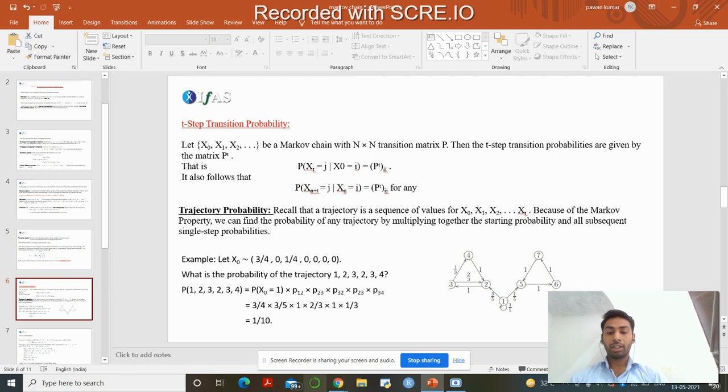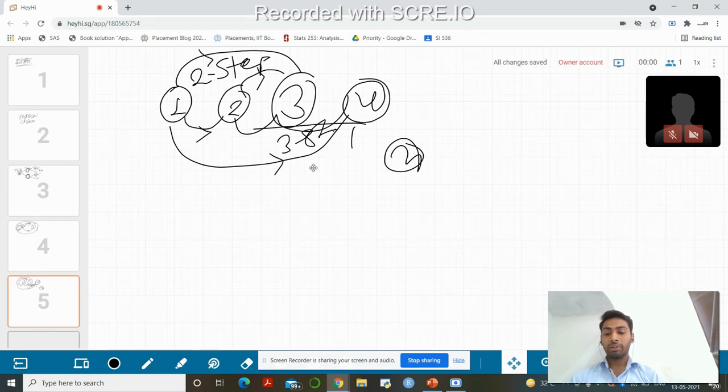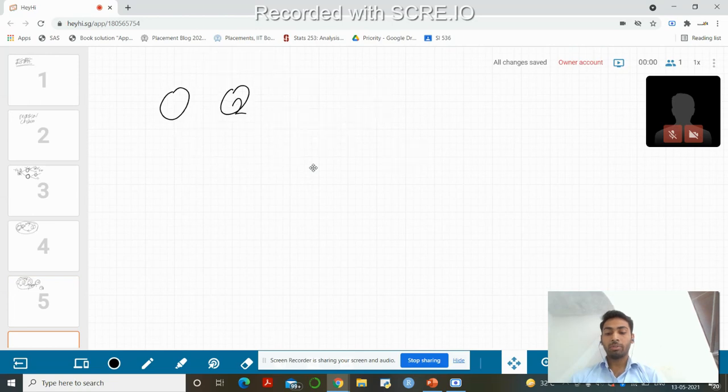I mentioned something wrong in the example, so I would like to explain again what the t step is. From 1 to 2 is one step; from 2 to 3 is one step; from 3 to 4 is one step.